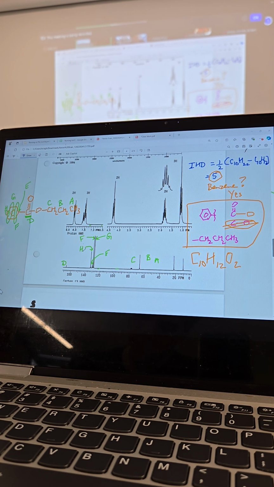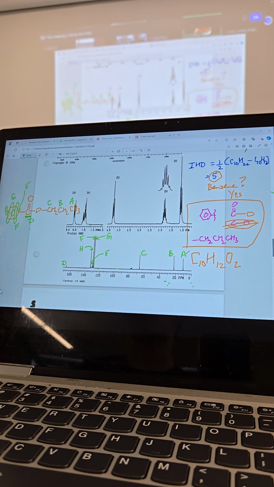Does that make sense, everybody? I feel like the deshielding information between the H NMR and the C NMR is not exactly consistent. It is consistent. Why is it not consistent?